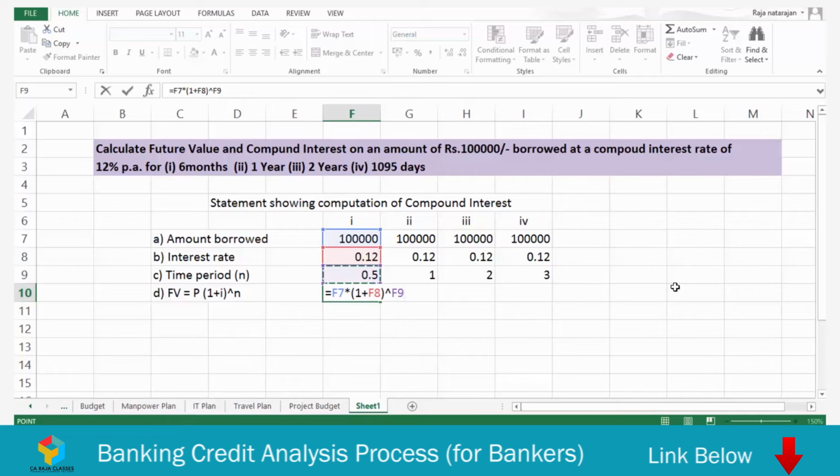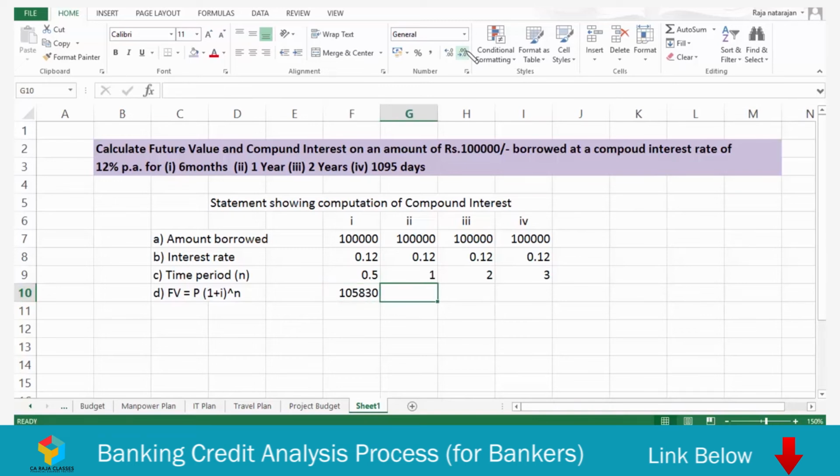If I enter, I would get the future value, and here the future value is going to be 1,05,830. Let me avoid the decimals. In the same way, I can calculate for the second scenario: principal multiplied by 1 plus I, close the bracket, raised to the power time period, which is 1.